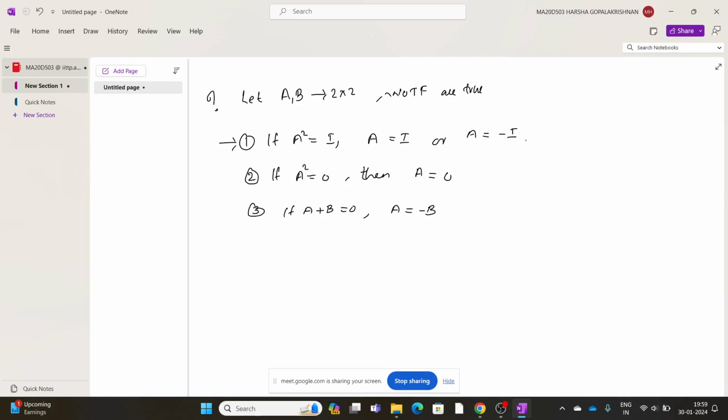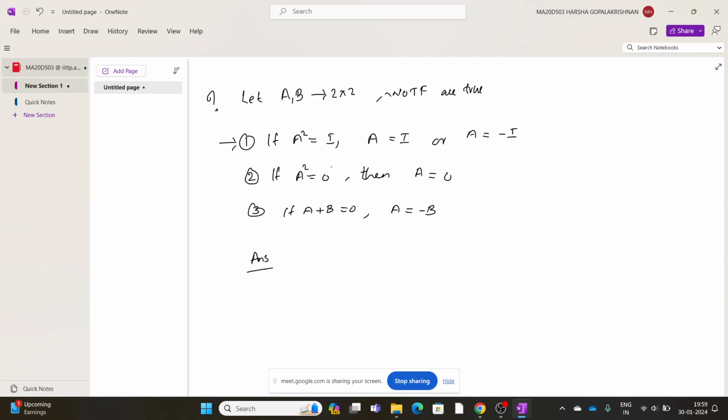First is true. So do you have a proof of how you obtained it? If A into B is equal to I, which means if B is equal to A, then both are inverses. I am not sure whether it is invertible or not, that condition is not here.